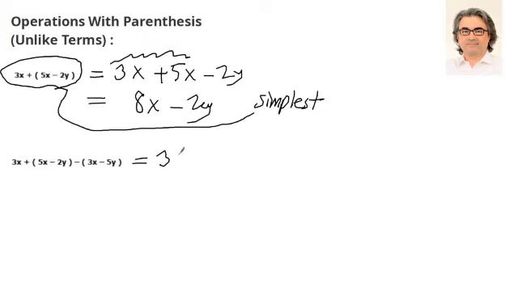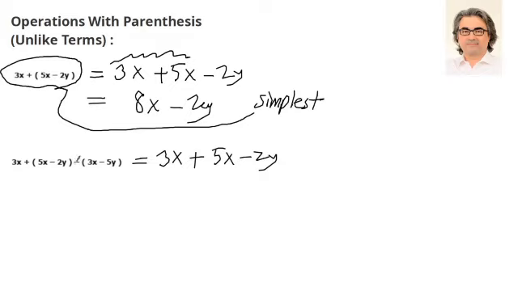By the same manner, let's continue with the next question. 3x, firstly. After that, I reached a parenthesis having in front of it a plus sign. So I should write each term without changing their signs. This is 5x and minus 2y. After that, I reached another parenthesis having in front of it a minus sign.